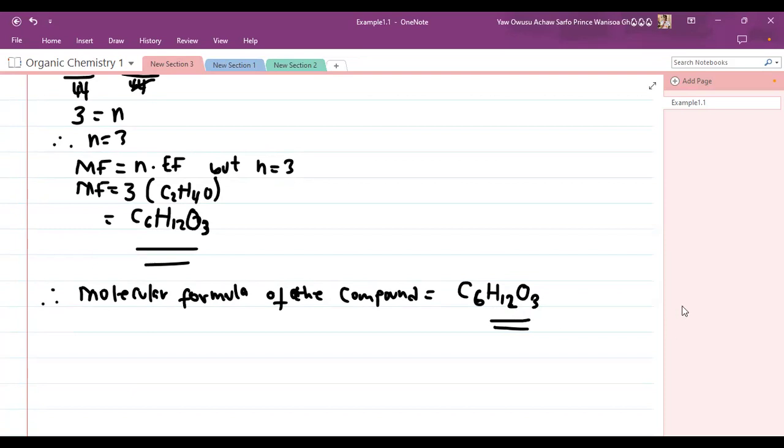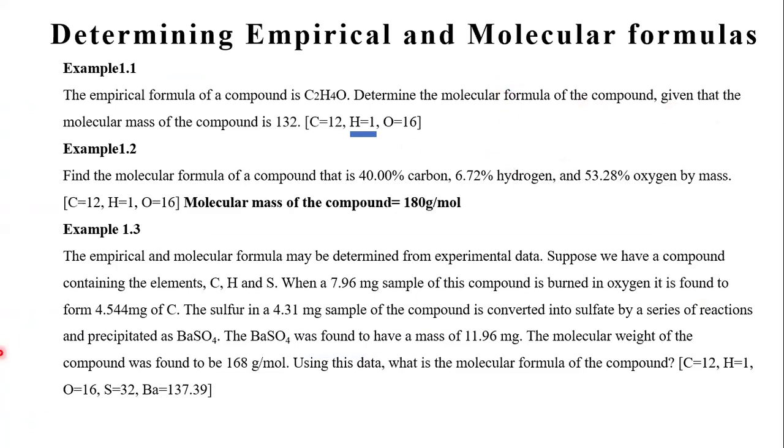Our next question, that's example 2. Find the molecular formula of a compound that is 40% carbon, 6.72% hydrogen, and 53.28% oxygen by mass.